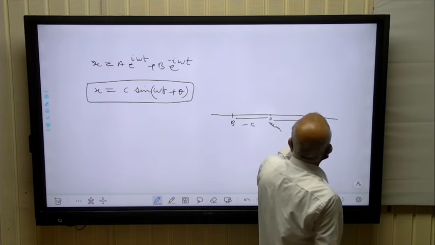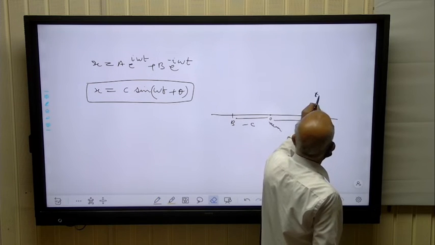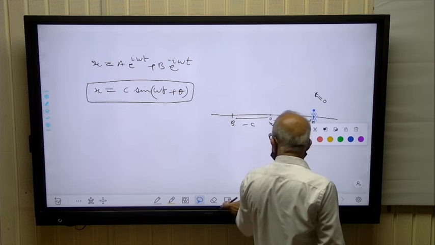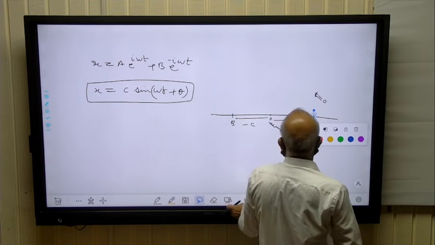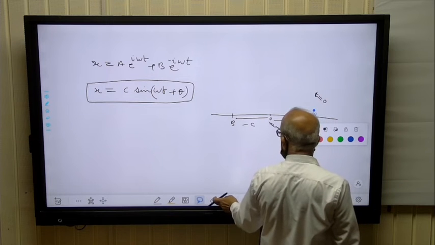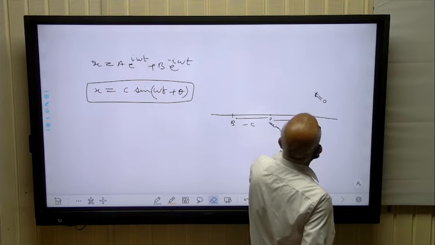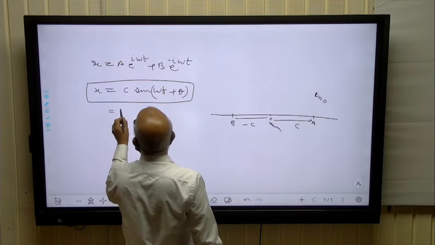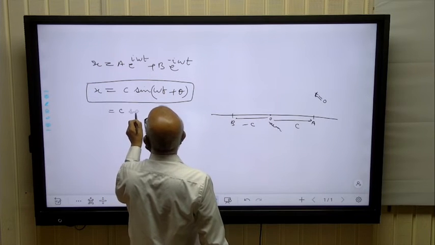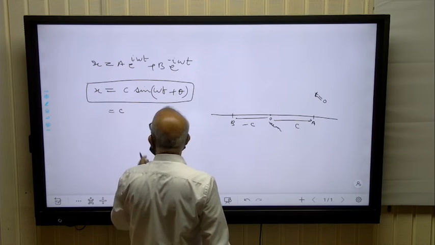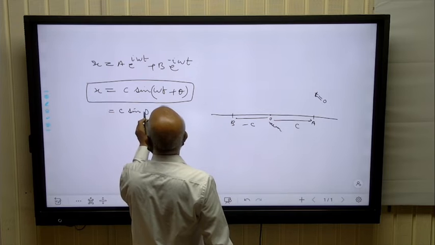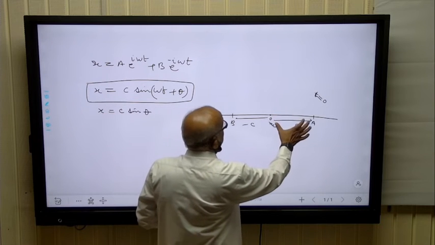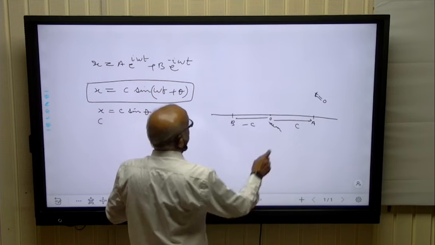Now, suppose at t is equal to 0, the particle is at A. So, if I put t equal to 0, we get C sin theta, but x is C, because the particle is here.